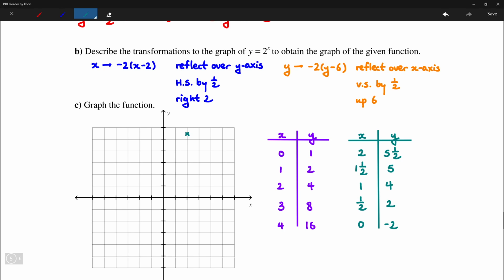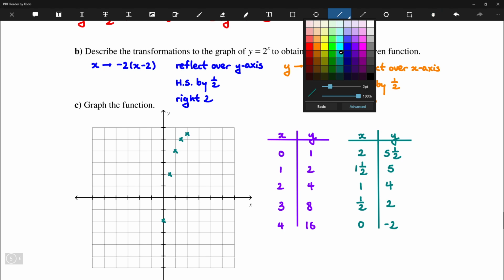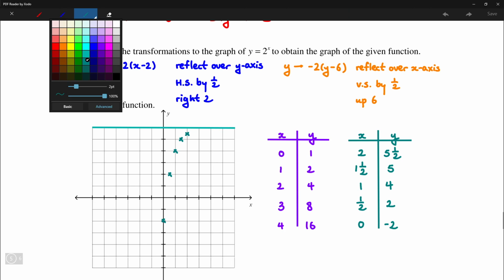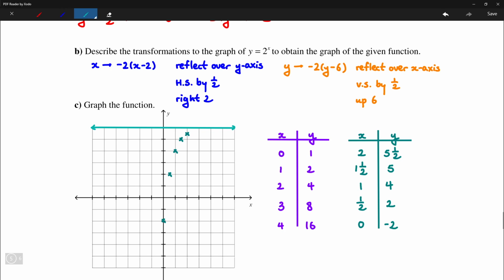All right, so if we were to go ahead and plot these, so (1.5, 5), (1, 4), (1/2, 2), (0, -2), down here. And of course, we have an asymptote at y equals 6, because the graph was moved up 6 spaces.